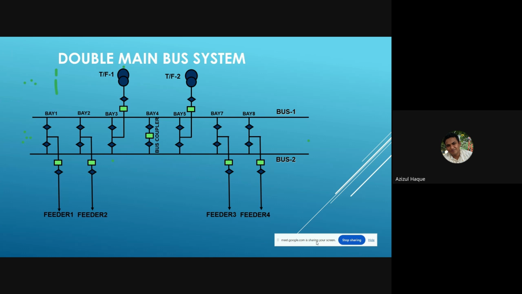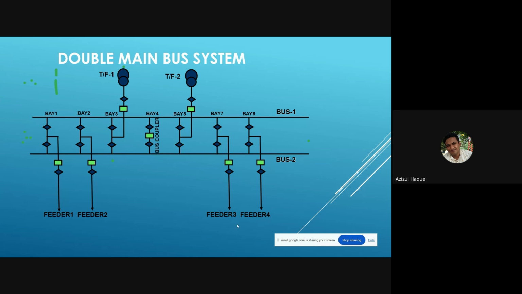Here that problem is resolved by making the bus distributed, making two buses and feeders distributed on two different buses. Okay, so in normal running condition, there can be two different conditions.